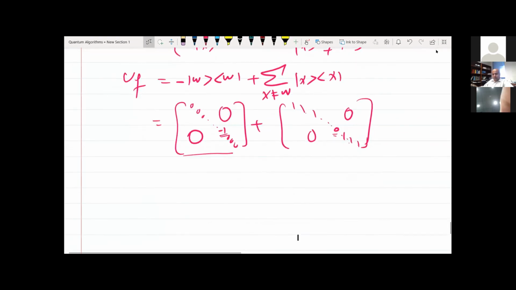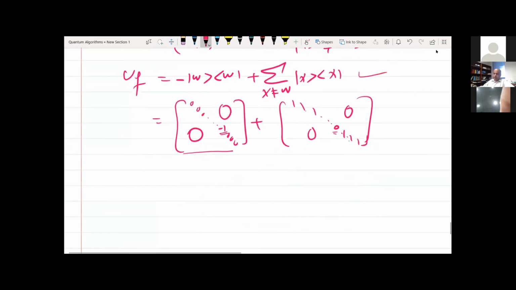So this is the representation for UF, and I can also write it like this. Or you can also think of it like this: 1 1 1 minus 1 1 1 1. So instead of thinking of UF like this, you can also think of it like this: it gives 1 to each state as input and keeps it as it is, but if the state W comes in, it multiplies with a minus sign.